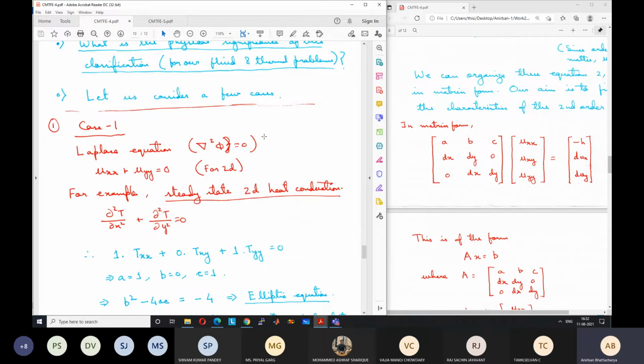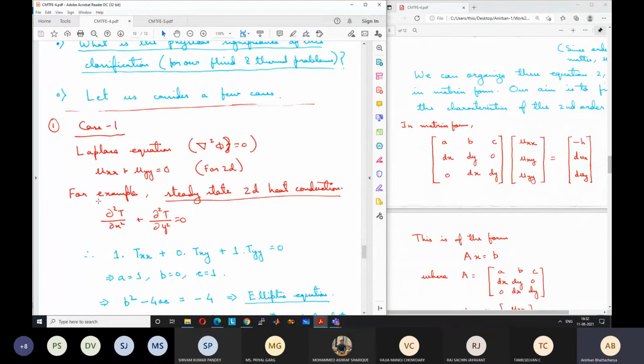If it is a 1D equation, it will be del square phi del x square equal to 0. In 3D, it will be del square phi del x square plus del square phi del y square plus del square phi del z square equal to 0. So we are bothered with 2D equations here. For us, the Laplace equation is uxx plus uyy equal to 0.